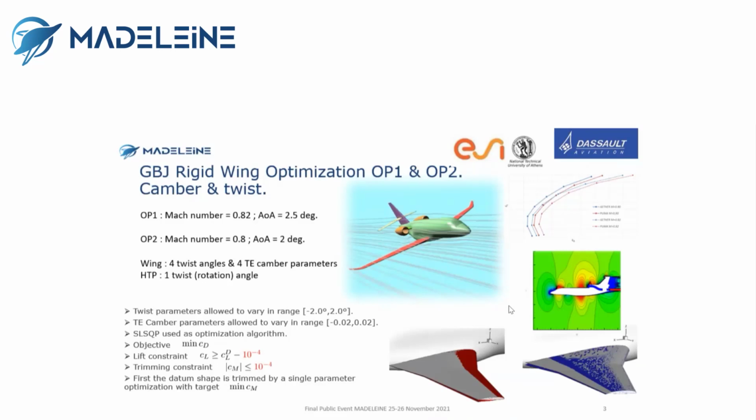For the trimming constraint, we want to obtain a pitching moment equal to 0 with epsilon equal to 10^-4. You can see on the corner here the camber effect and twist effect on the wing of the business jet.